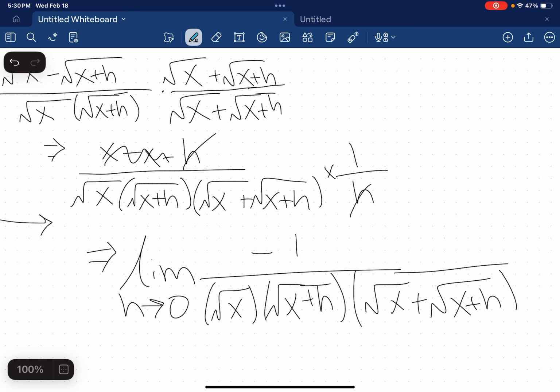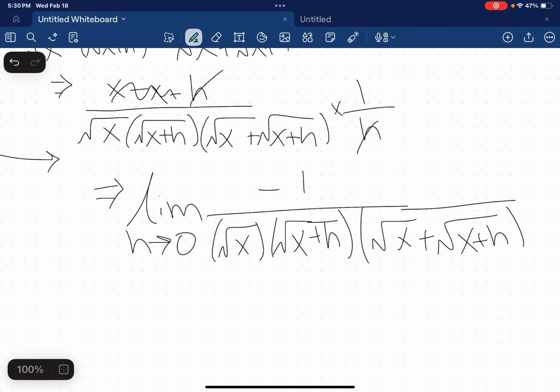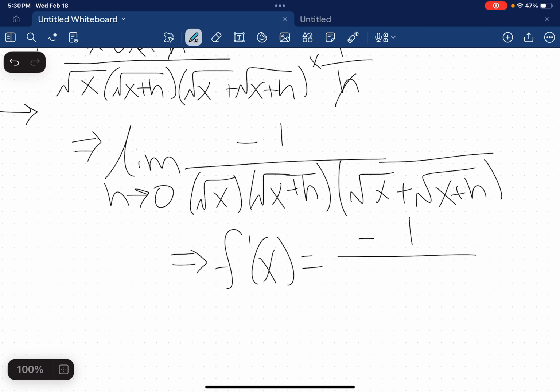Okay, and as h approaches 0, those h's are going to disappear. So we end up getting f prime equal to negative 1 over root x times root x, which is just x, times root x plus root x, which is just 2 root x.